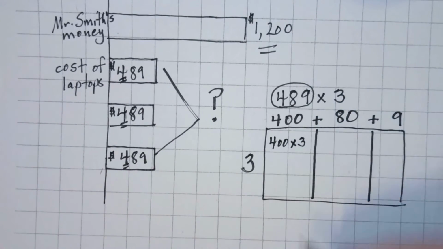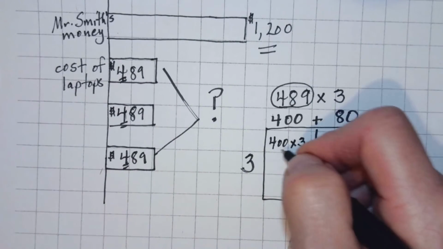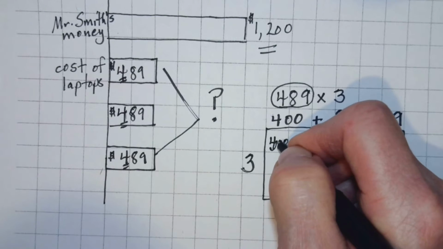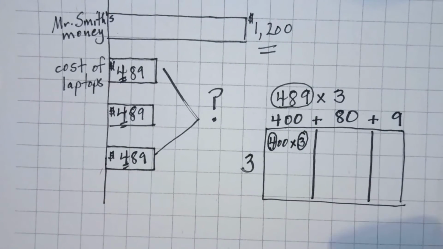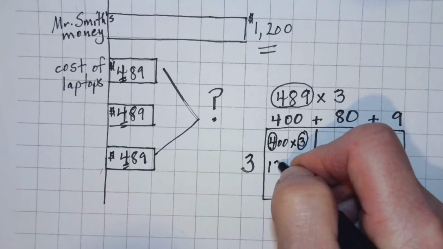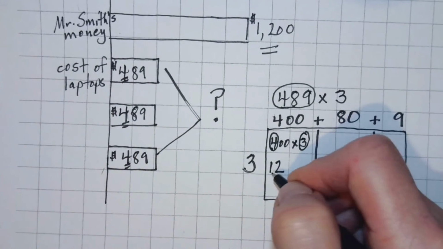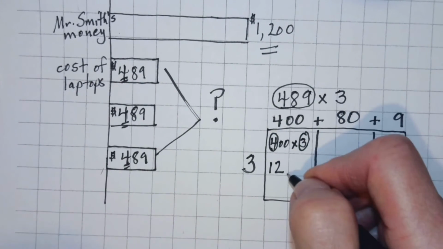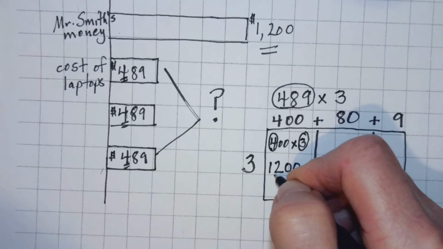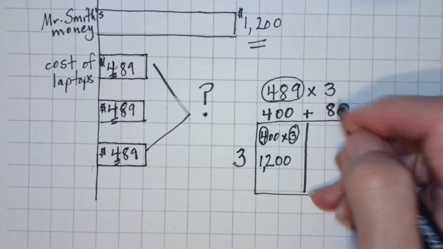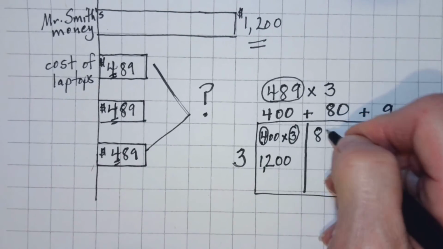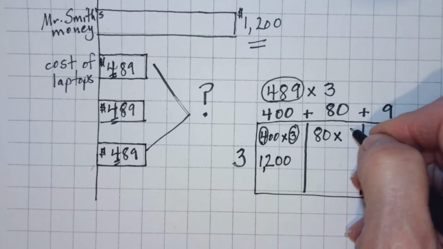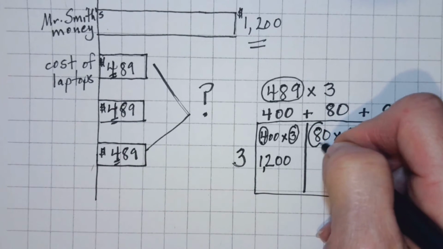So I have 400 times 3. So I'm thinking of 4 ones times 3. I know that's 12. But because these are hundreds, I don't need just 12 ones. I need 12 hundreds. Okay? Now I have, again, columns times rows. 80 times 3.